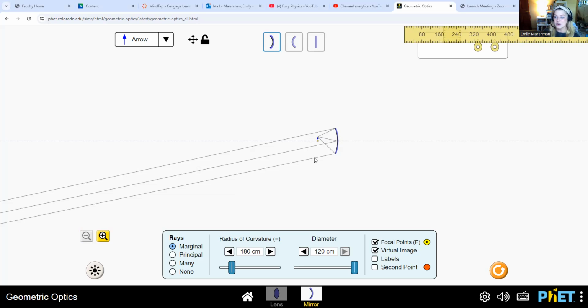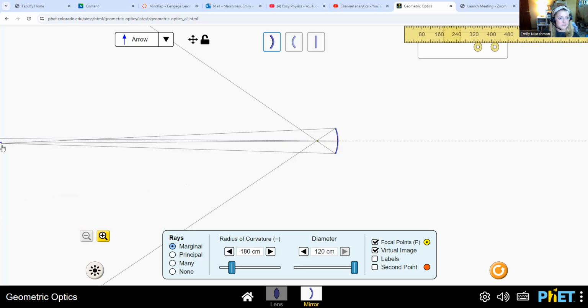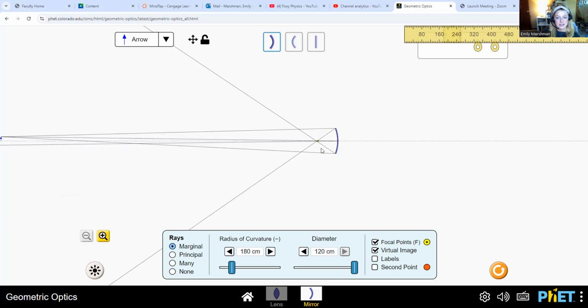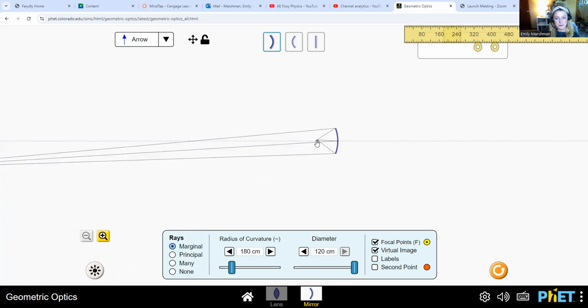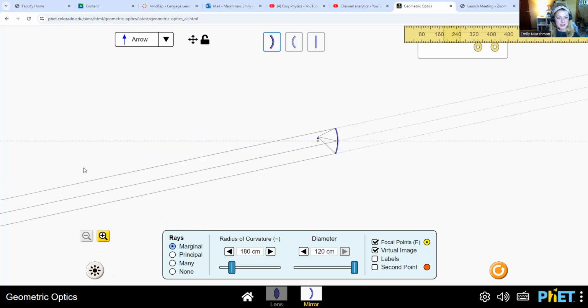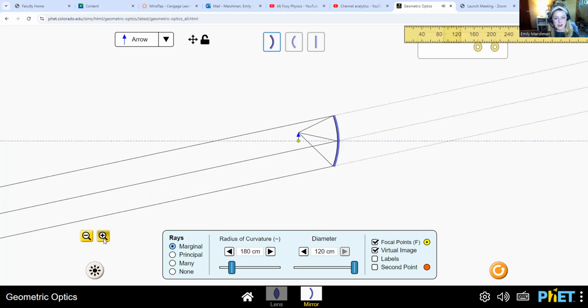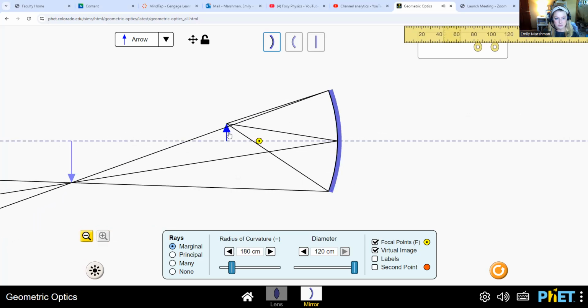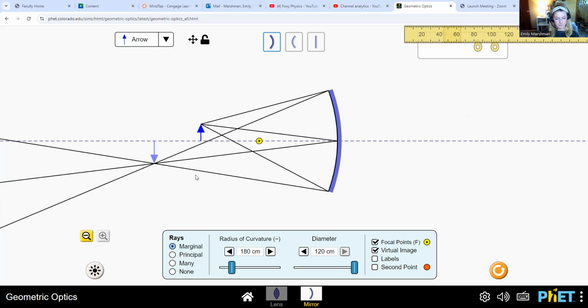So that's kind of what it means. And it makes sense, again, because if I'm really far away, the light is all focused here at the focal length. If I put the object at the focal length, the light is projected very far away again. Okay, so that's kind of what happens when I get close to the focal length of the object.